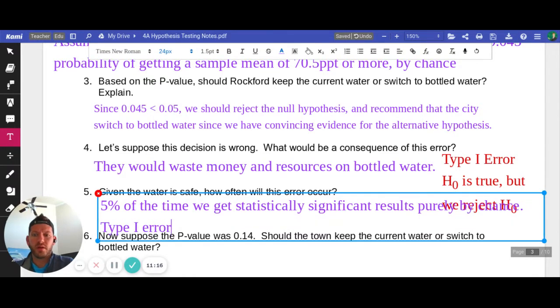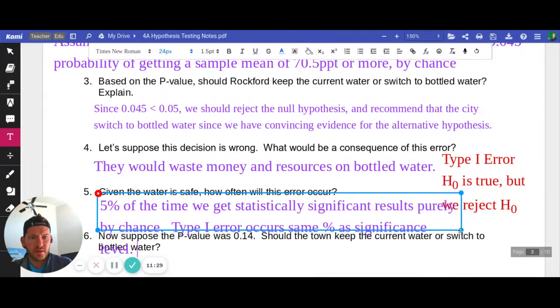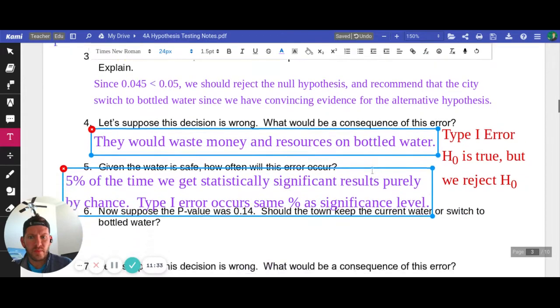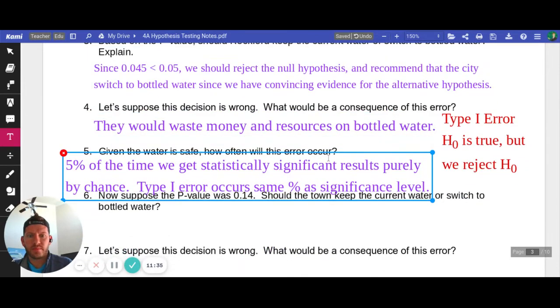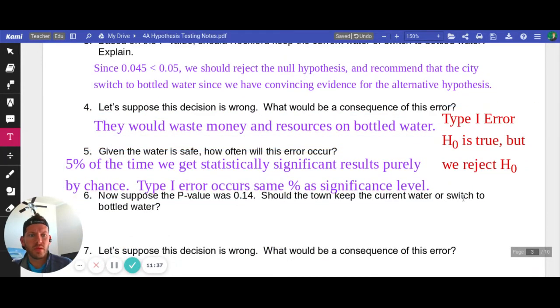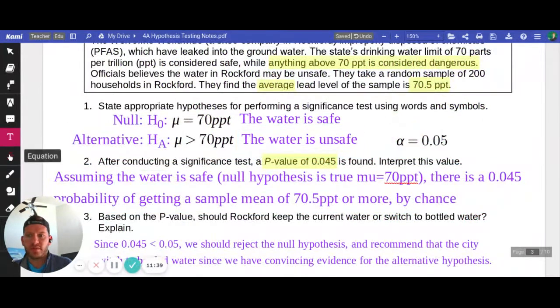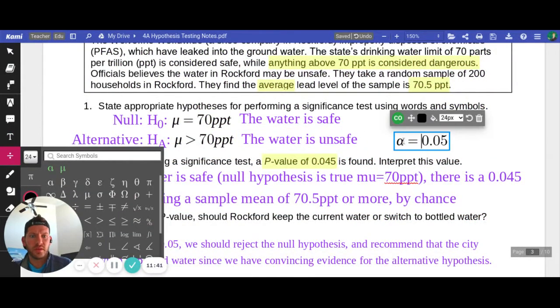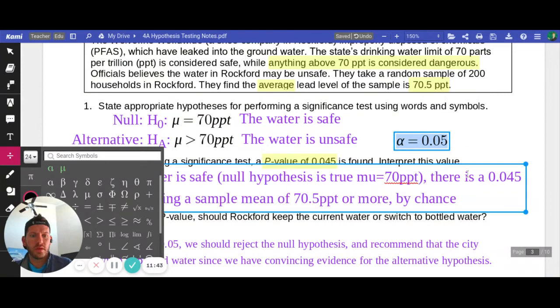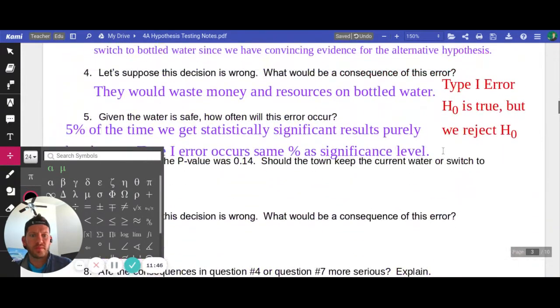Type 1 error occurs the same percent as the significance level alpha. Let's make sure we can read all that. In this case, our alpha level is that 5%.